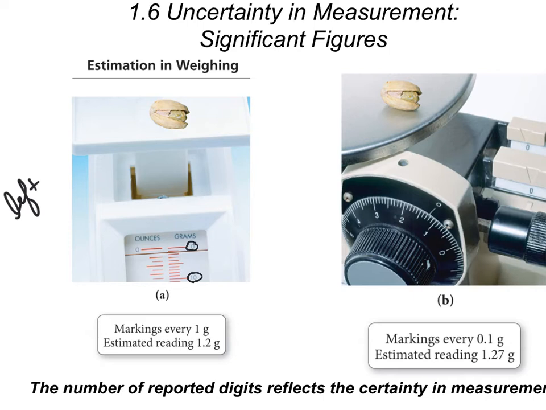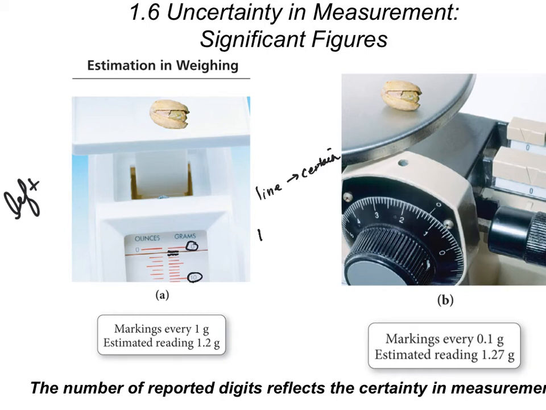What decimal place? Or not even decimal place, but just what place? Ones, right? So these guys, these lines, are telling you certain digits. If you have a line, that digit is certain. Okay? So with respect to this little pistachio on this scale, we know for certain that it is 1, right? So this guy is 1, this guy is 2. So we know with certainty that it's between 1 and 2, so it's at least 1 gram.